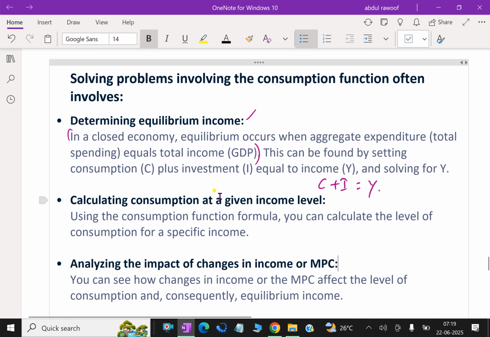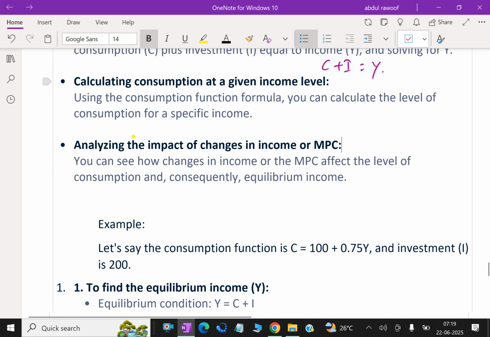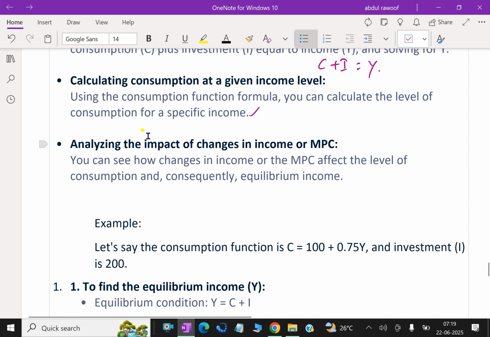Calculating consumption at a given income level. Using the consumption function formula, we can calculate the level of consumption for a specific income. Analyzing the impact of changes in income or MPC: you can see how changes in income or the MPC affect the level of consumption and consequently equilibrium income.